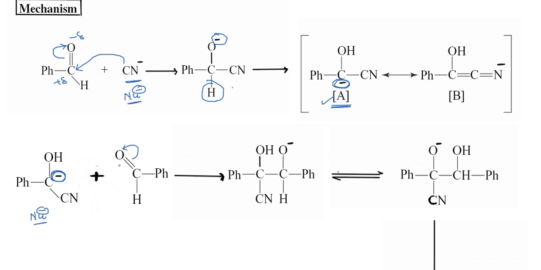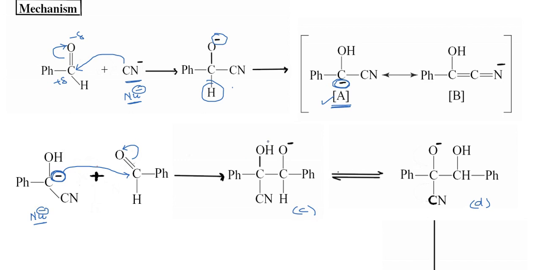Electrons will transfer over this oxygen atom, and this will attack over this carbon. So again there is a new bond formation between these two carbon atoms, and there is a negative charge on this oxygen atom, and structure, suppose structure C or structure D, these are in equilibrium.